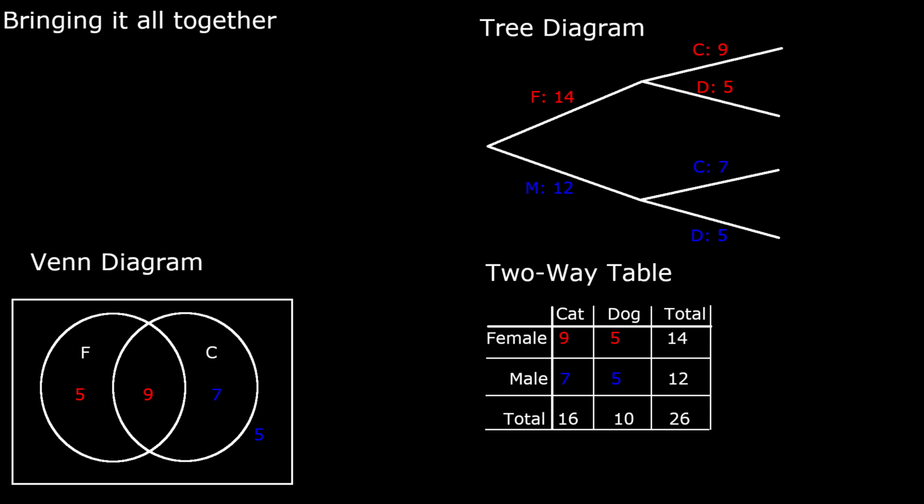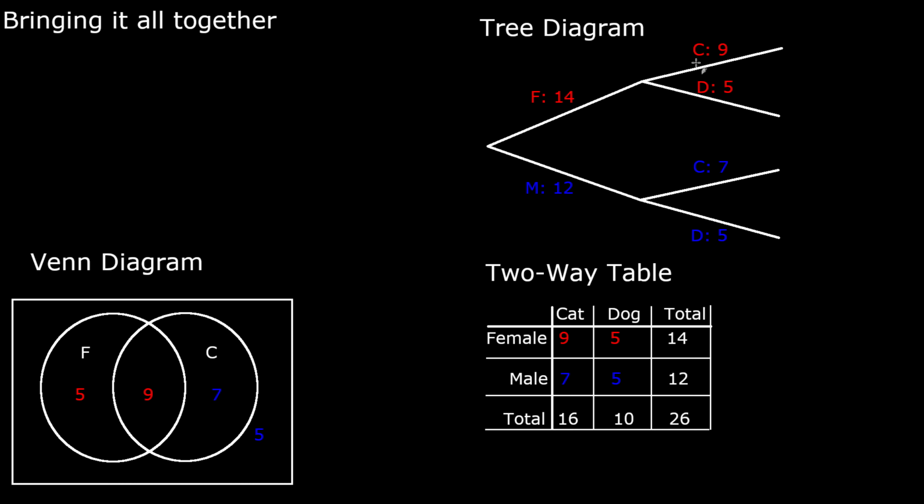So for the tree diagram, I have some of the totals. Like, for instance, right here, I know that there were 14 total females. I know that there are 12 total males. And you can see that's the same 14 and 12 that we have in this two-way table. But in the tree diagram, the way I've done it, I don't have a number showing how many cats.